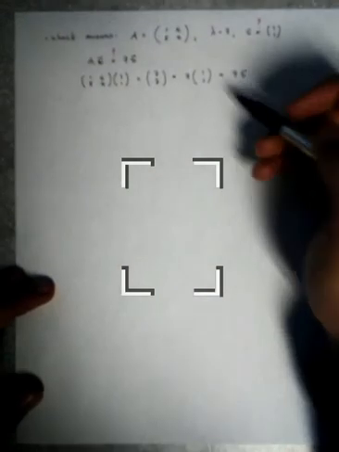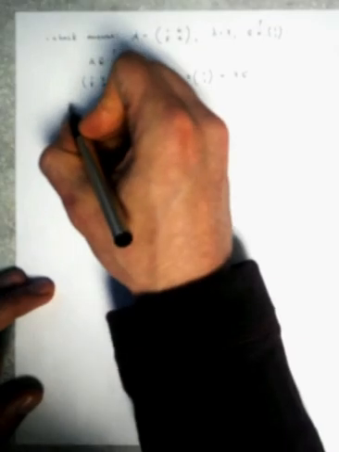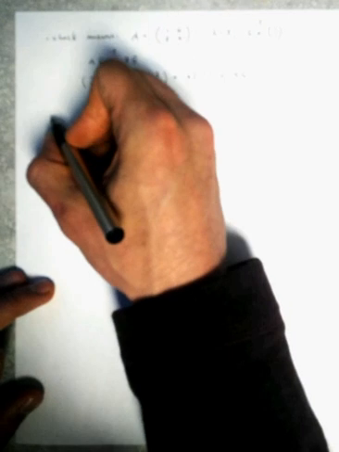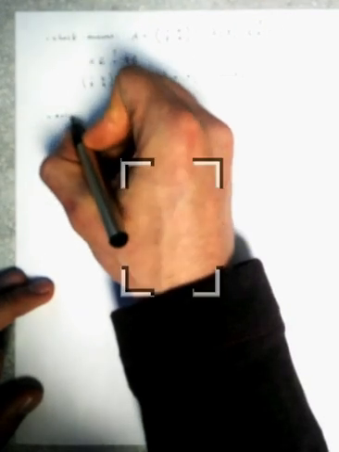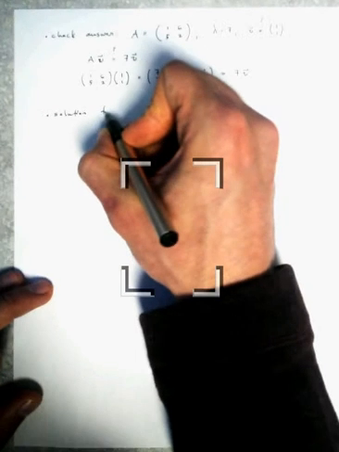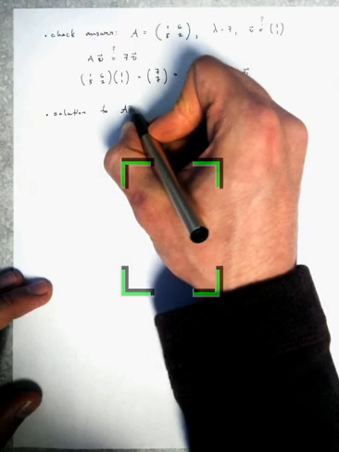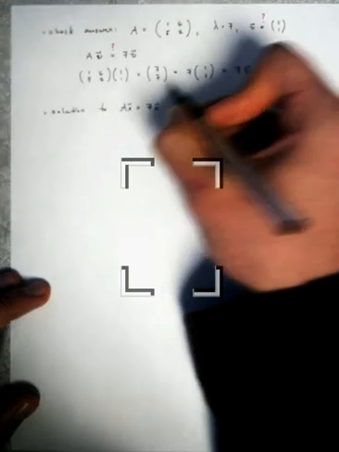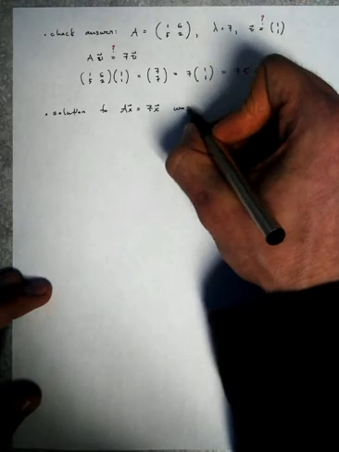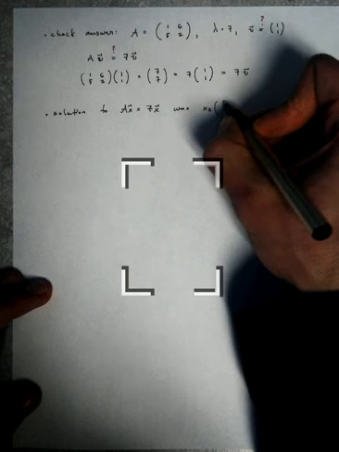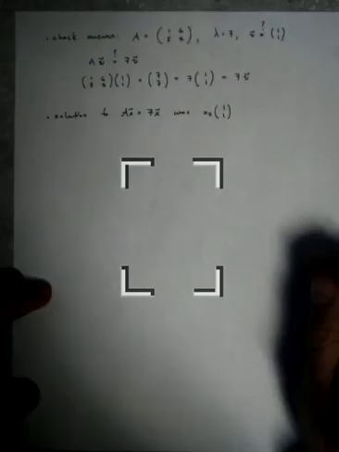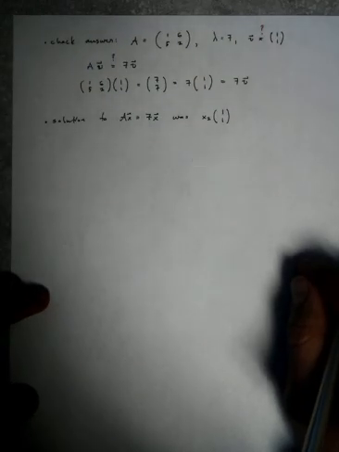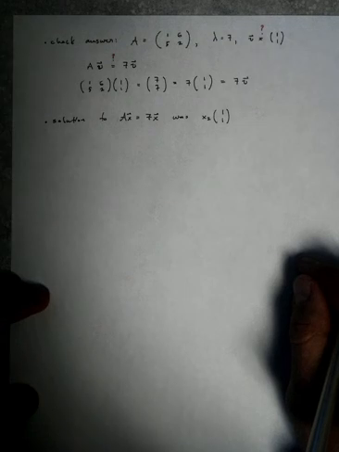Even more, if you remember the last page, my solution set to Ax equals 7x was any scalar multiple of [1, 1]. So [1, 1] works, but any scalar multiple does too.